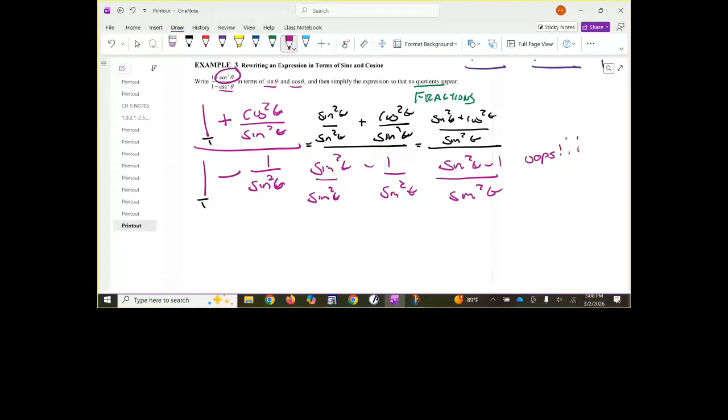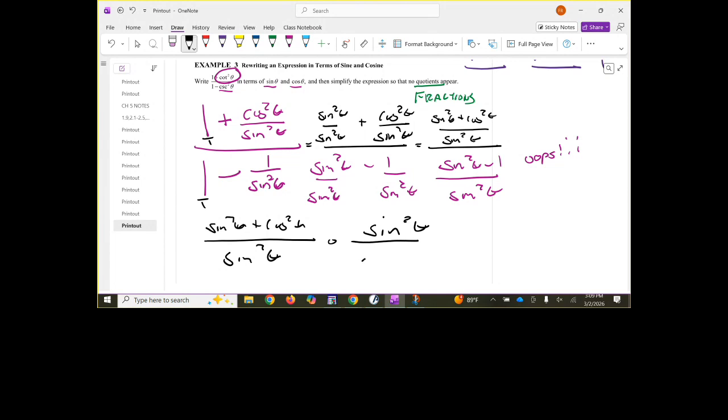Okay. Now let's go ahead and flip what we got to flip. So first, again, just like I did earlier, y'all, come back here. Sine squared theta plus cosine squared theta over sine squared theta times, we're going to flip the bottom one. Okay.